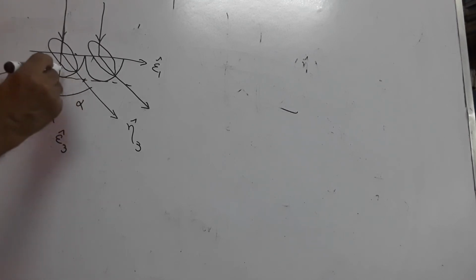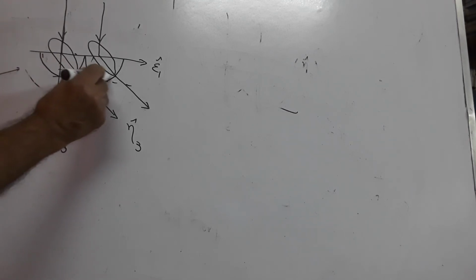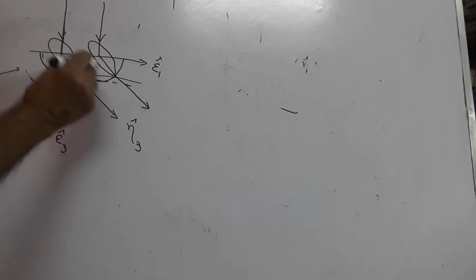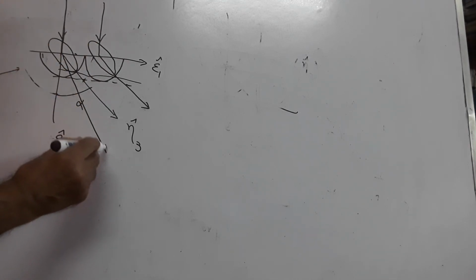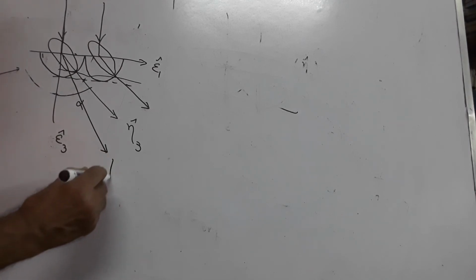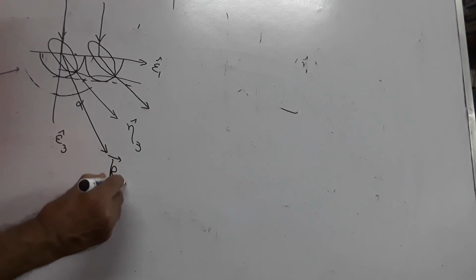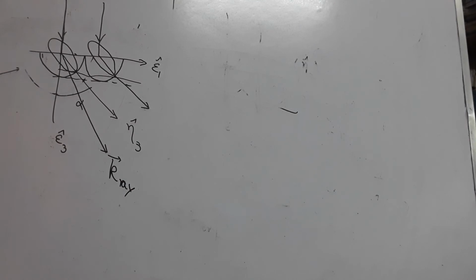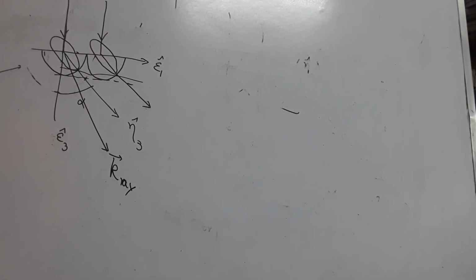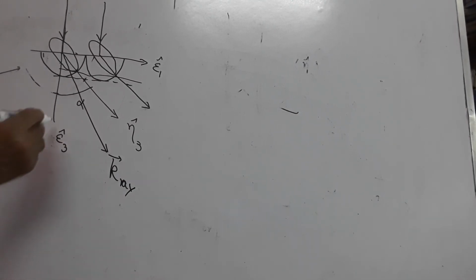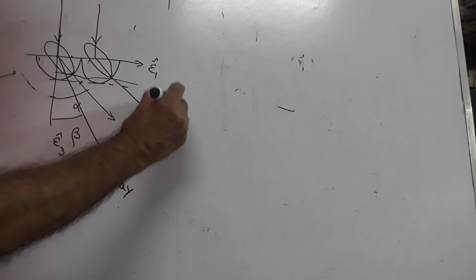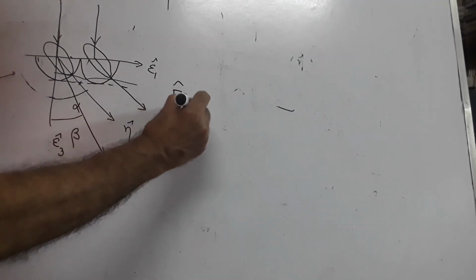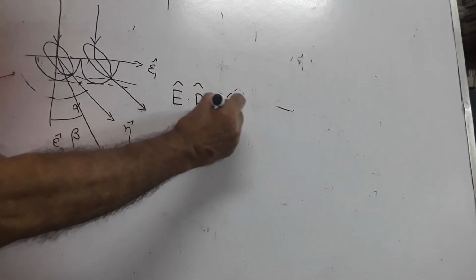But the envelope now is this, and this will be the direction of the ray. This angle is beta, the angle I defined in the last lecture, which is given by E dot cos beta.